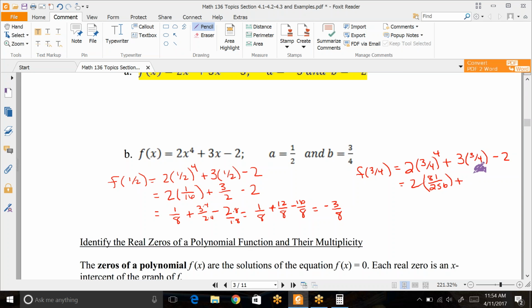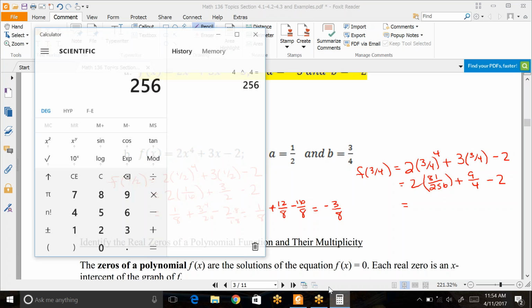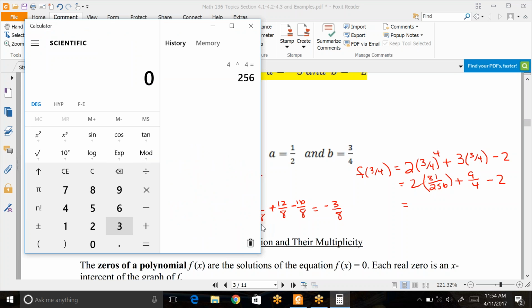Plus, this would be 3 times 3, so that would be 9/4 minus 2. I can reduce the 2 and the 256. And then we will reduce that down. So 256 divided by 2 is 128.